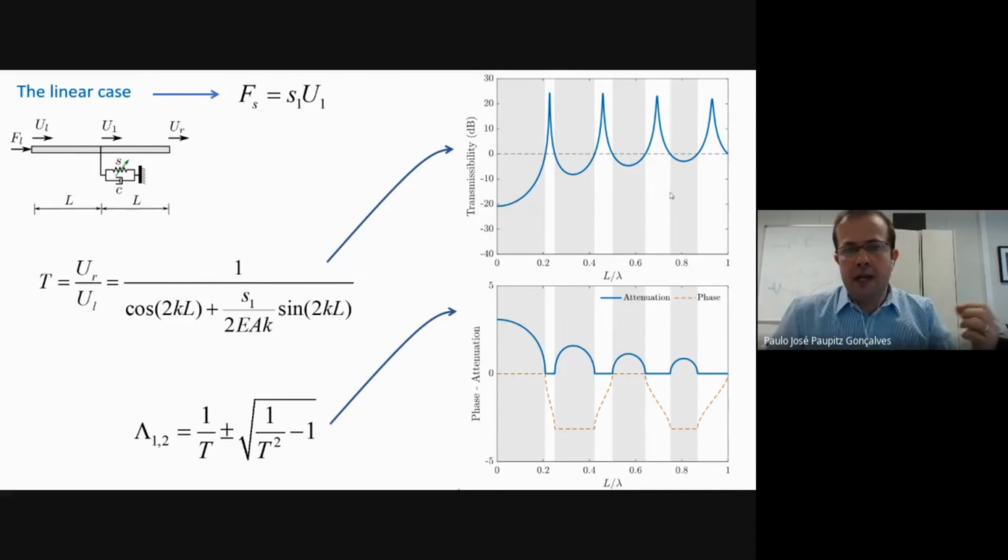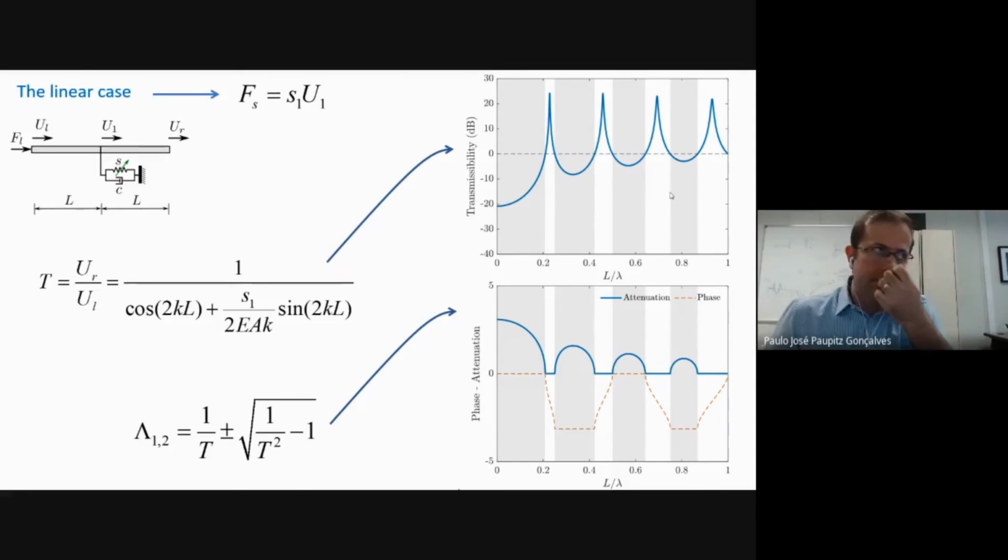So we can discuss free wave propagation going through nonlinear elements, but in my opinion, this can be compromised by the fact that we are not going to have very large resonance behavior. That's something that I'm trying to put in my mind, and maybe this is a good point to discuss here.